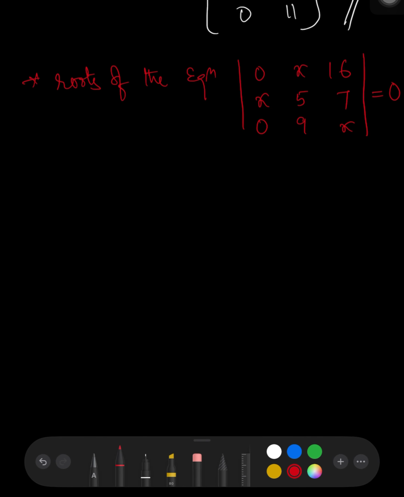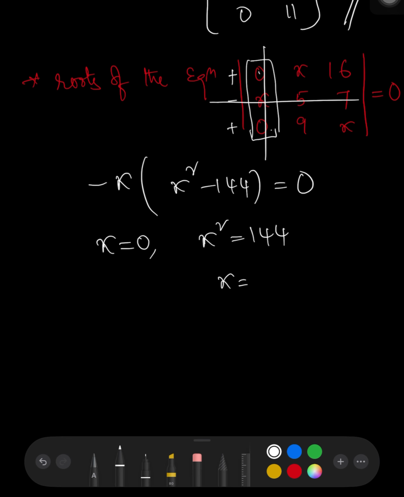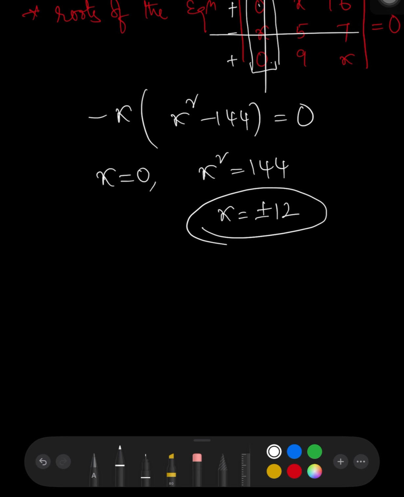When solving this determinant, we can choose this column to expand, because there are 2 zeros here, and we change the signs as plus, minus, plus. So the equation becomes minus x into (x square minus 144) equals 0. Clearly x equals 0, x square equals 144, so x equals plus or minus 12. So the roots of the equation are x equals 0, minus 12 and plus 12.